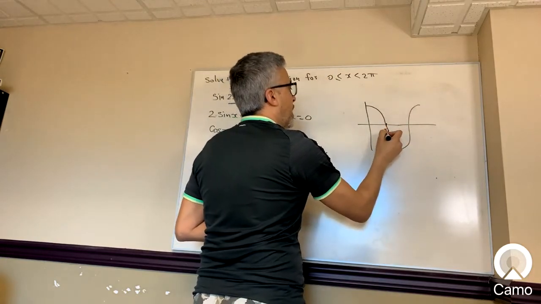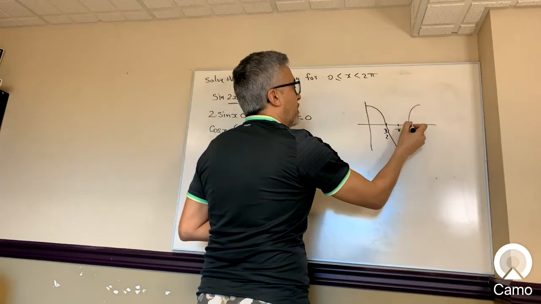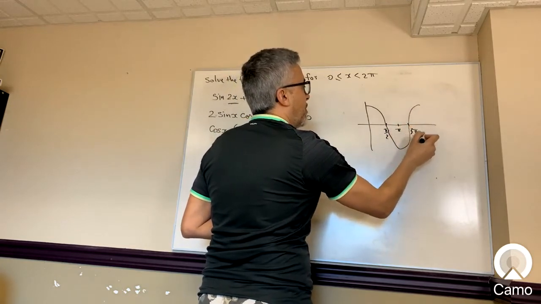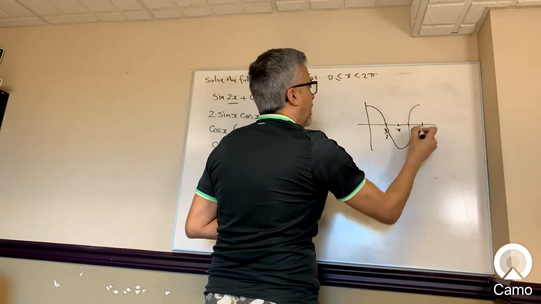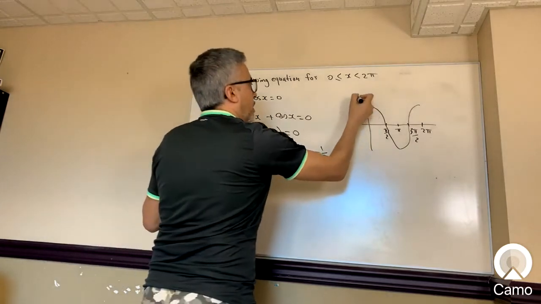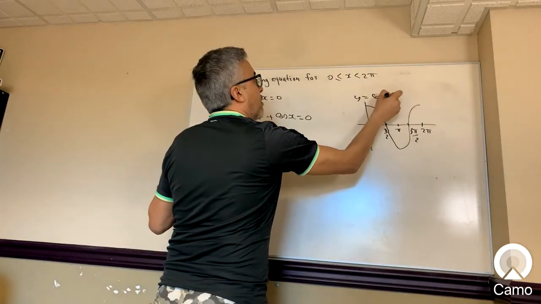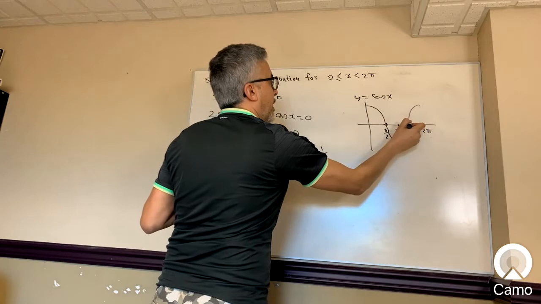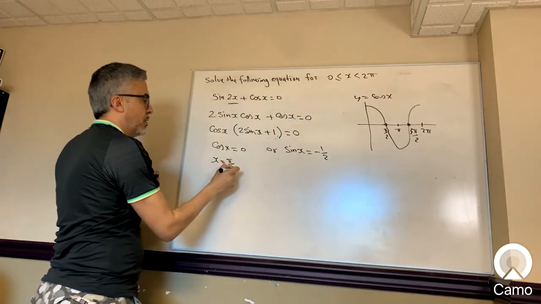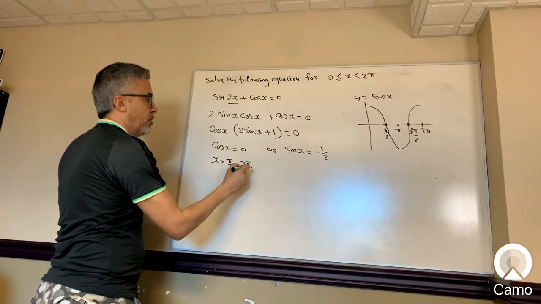This is your pi over 2 right there. This is your pi. And this is your 3 pi over 2 I meant, and this is 2 pi right here. So cos x equals 0 is right here and right there. So right away, you know x has to be pi over 2, 3 pi over 2.